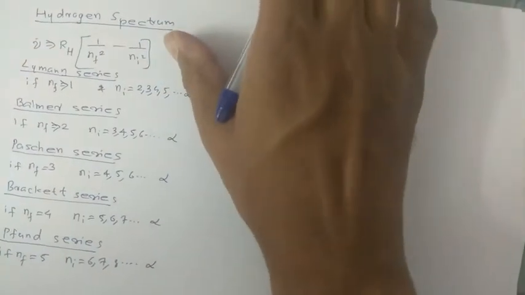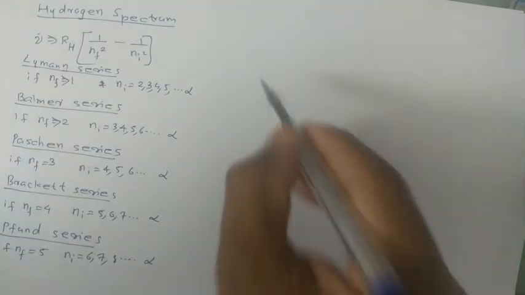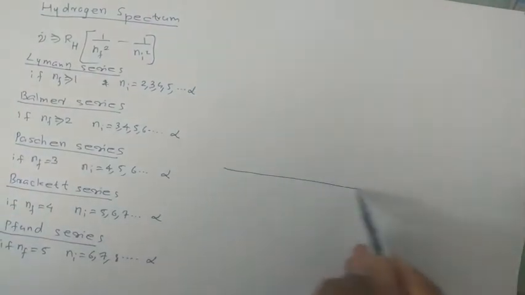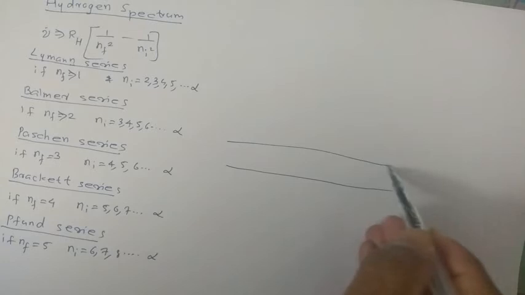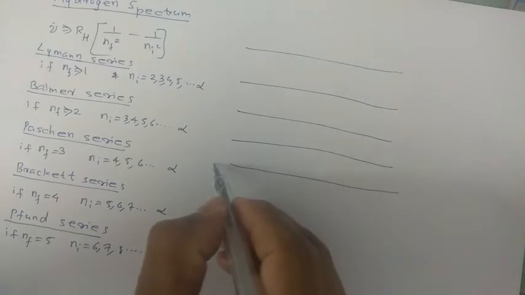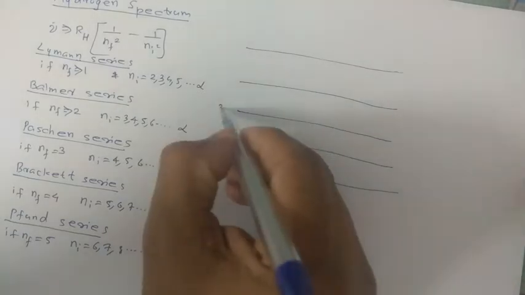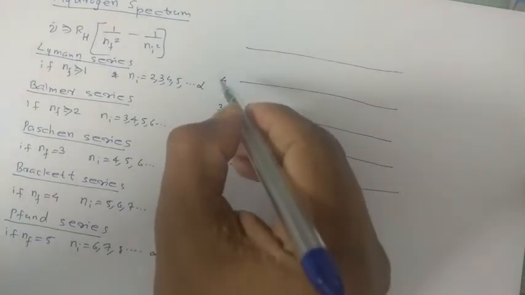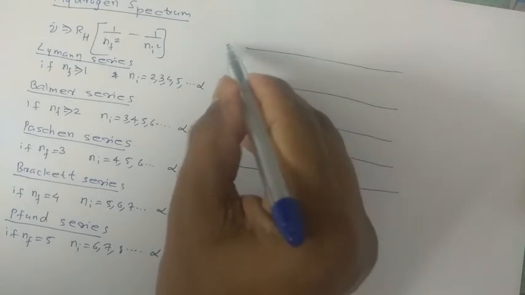Okay, so we can represent the graph. Levels 1, 2, 3, 4, 5.